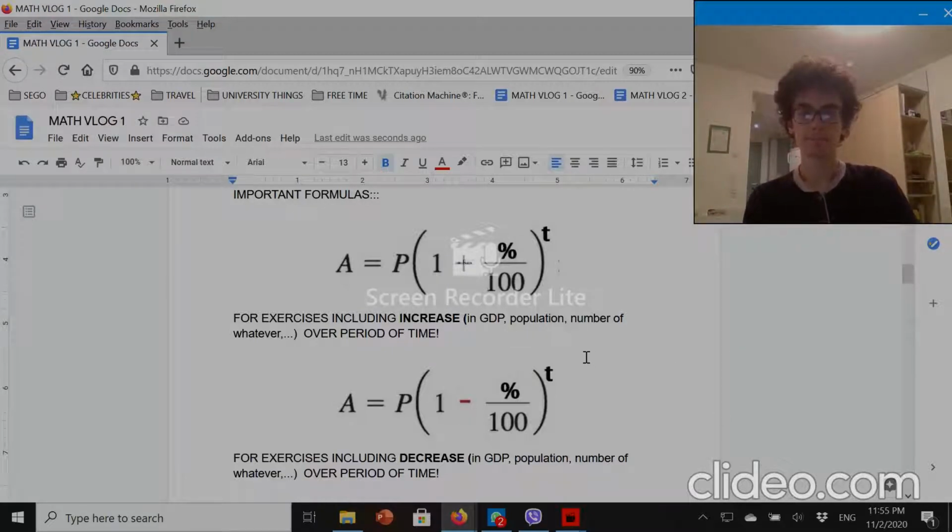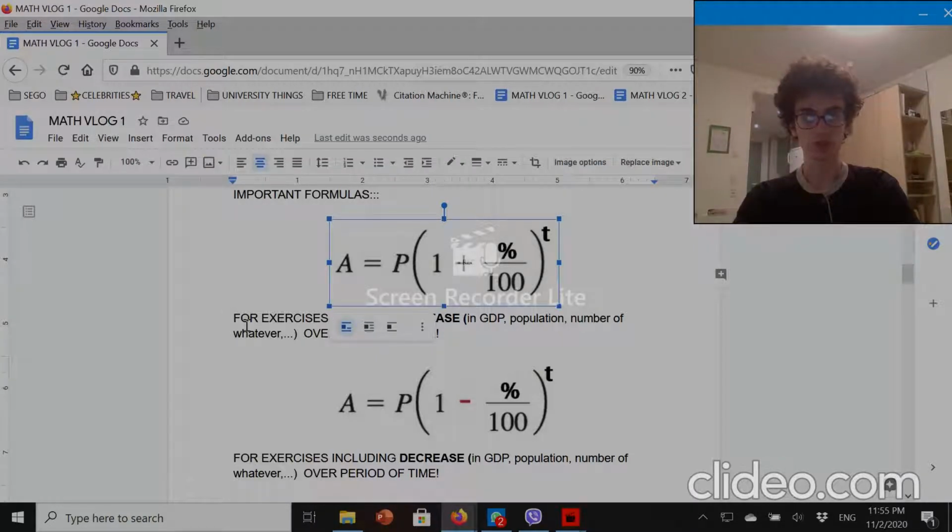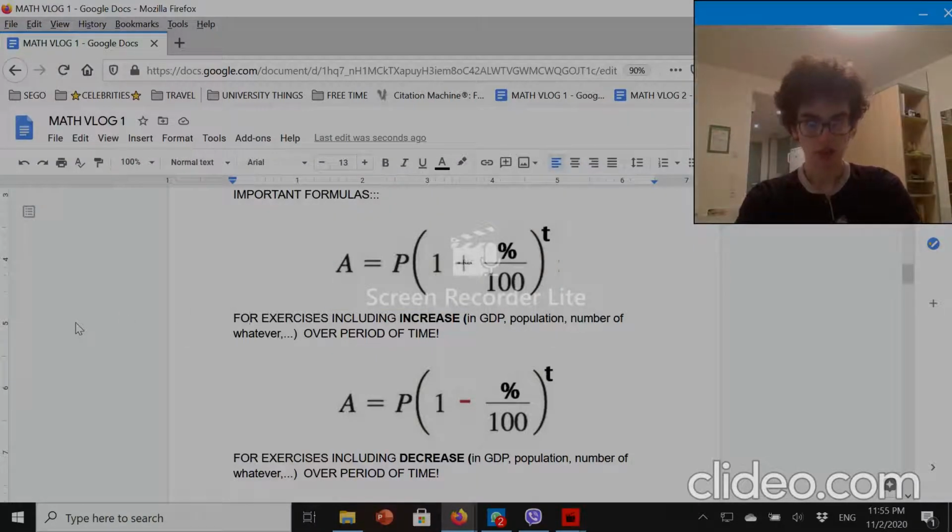As we see, the first formula is for exercises that include an increase of anything, like GDP, BNP, population, or number of anything. We will see in the example that there's a population of elephants, just the increase of something over a period of time.